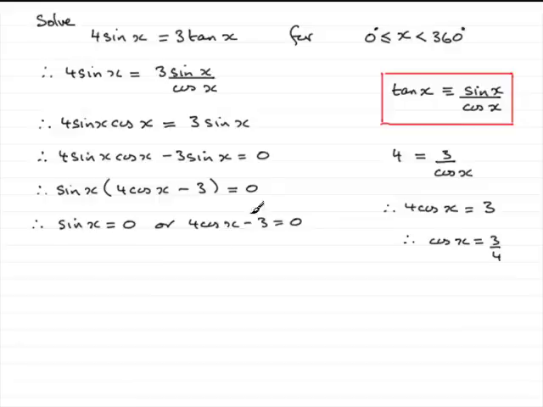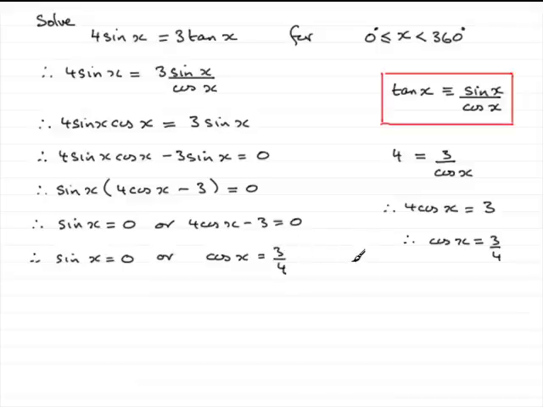Now can you see where this one takes us? Well, if I add 3 to both sides, I get 4 cos x equals 3, and that's what we had here, leading to cos x equals 3/4. So what I've got then is sine x equals 0, or I end up with cos x equals 3/4.